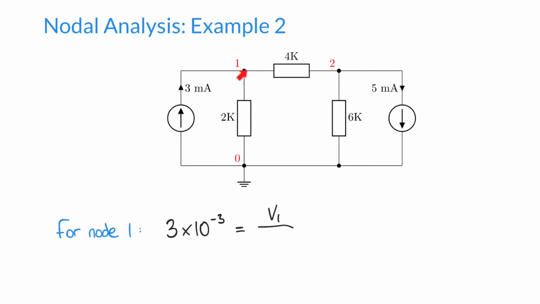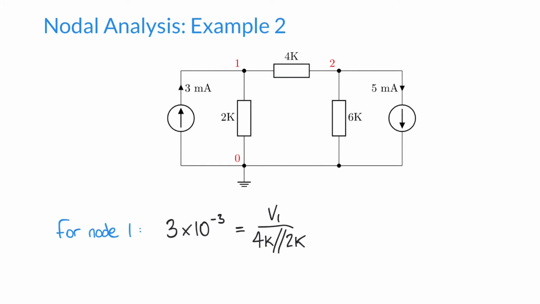And so we have 4K and 2K directly connected to that node there. And so again, as in our previous examples, these are in parallel. Starting from that node, we can go this way through the 4K, or we can go this way through the 2K. And so we have 4K in parallel with 2K on the bottom there.